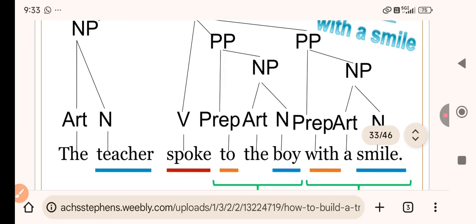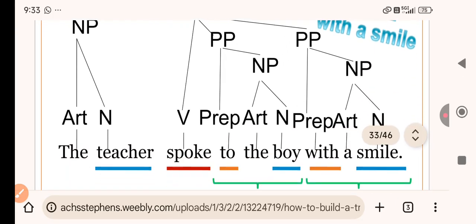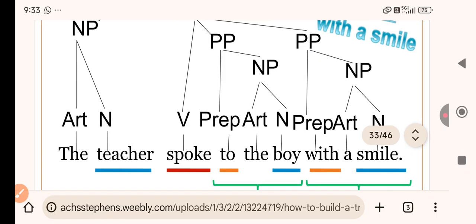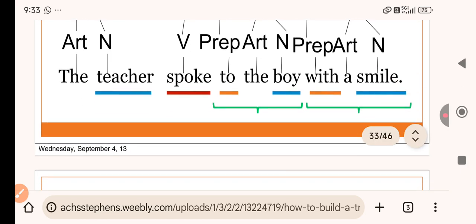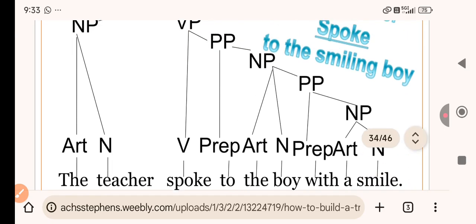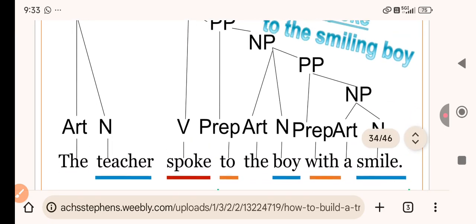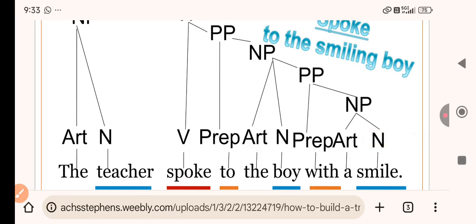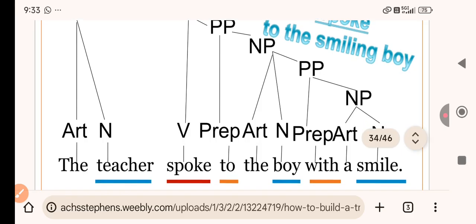The teacher spoke, the teacher spoke to the boy, then to is a preposition, the boy, then with a smile, with, and then simple, very simple. Then the teacher spoke, the teacher spoke to the boy, okay.